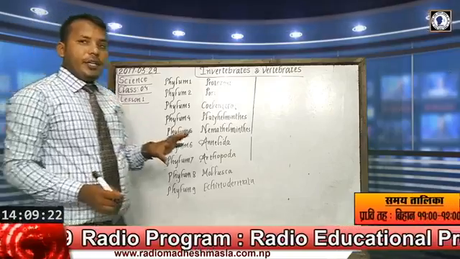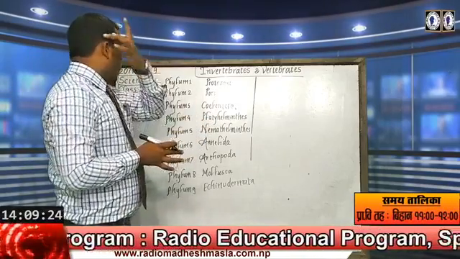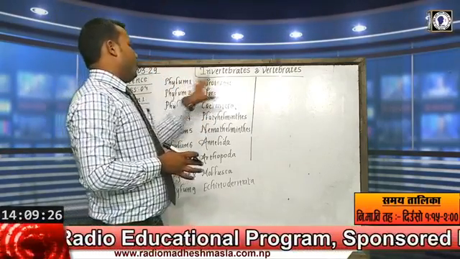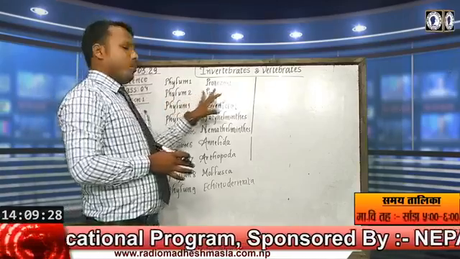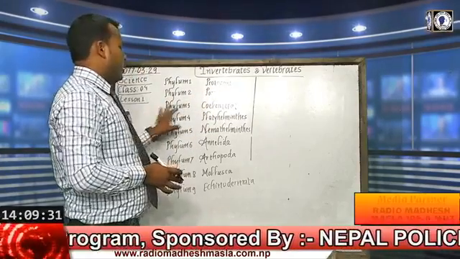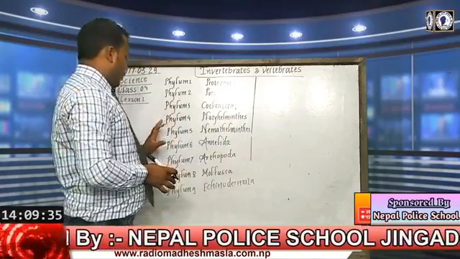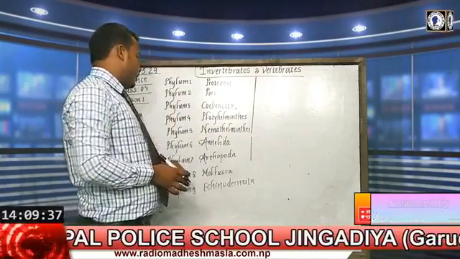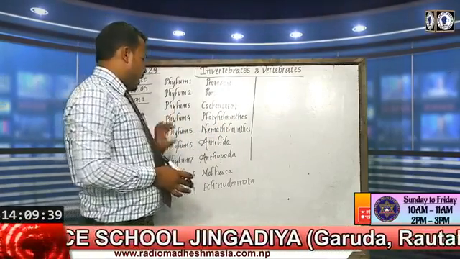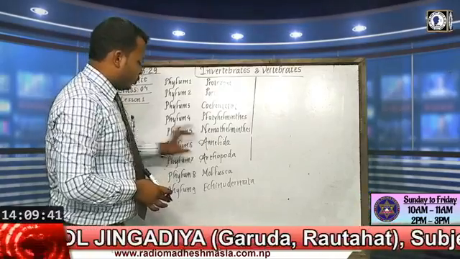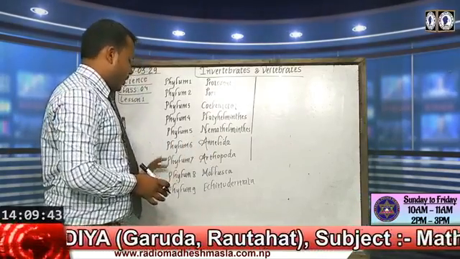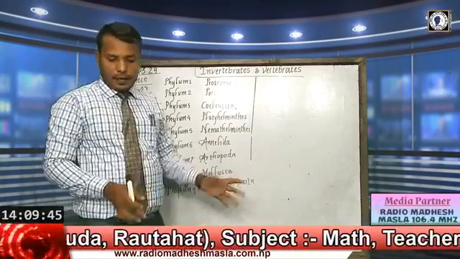Invertebrates are divided into 9 phyla, such as phylum 1 Protozoa, phylum 2 Porifera, phylum 3 Coelenterata, phylum 4 Platyhelminthes, phylum 5 Nemathelminthes, phylum 6 Annelida, phylum 7 Arthropoda, phylum 8 Mollusca, and phylum 9 Echinodermata.